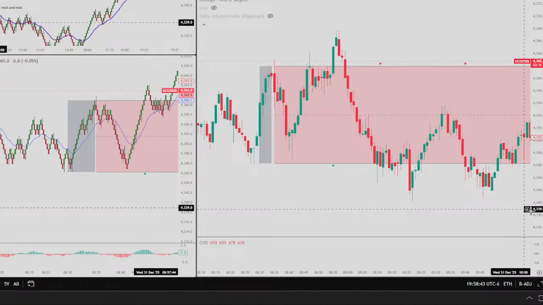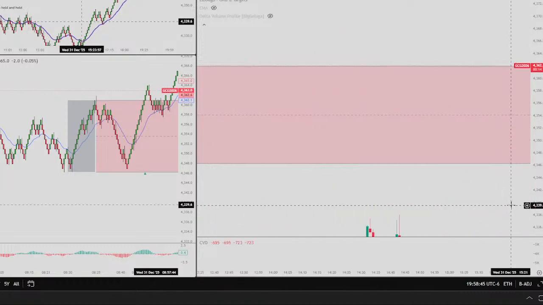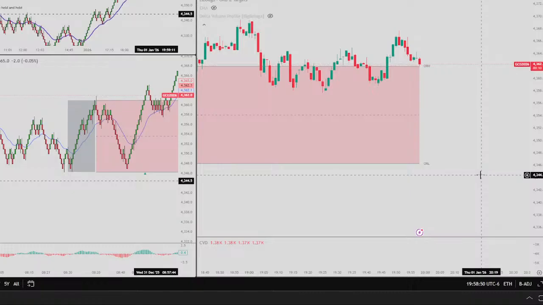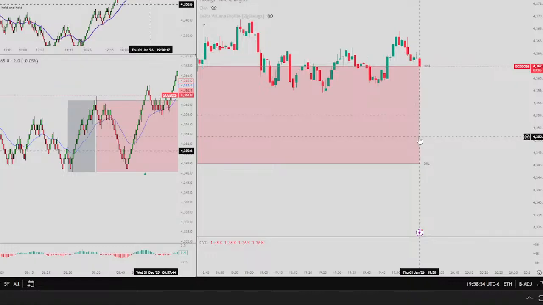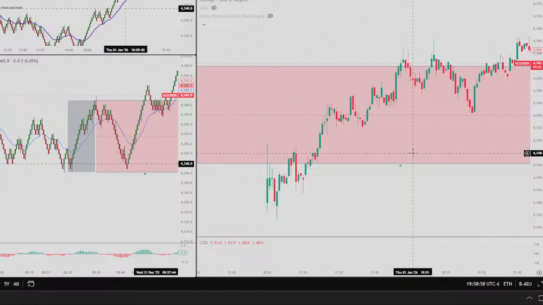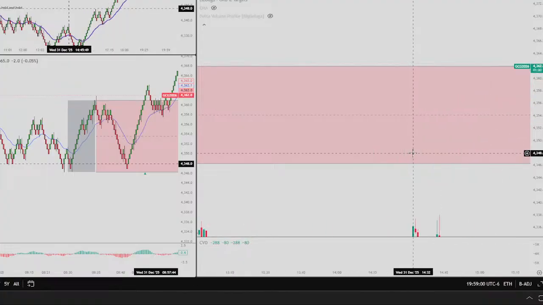Like right now, where's our volume sitting? Okay, right now our volume's sitting at 1.3 thousand. Decent volume.